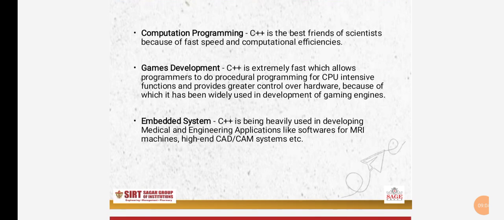Now computational programming. C++ is the best friend of different scientists in speed and computational efficiency, and also in games development and embedded systems. So we can use different features of C++ in different things.